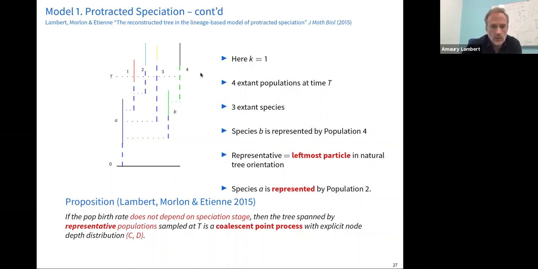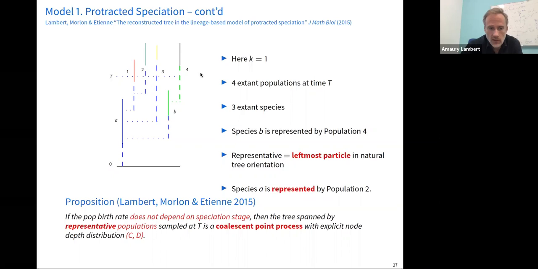They are a new species. So here K equals 1. And you see that at time capital T, there are 4 populations alive. Population 1 is in the good stage. It's a brand new species. Population 4 is in the incipient stage, but since it's the only representative of species B, species B is represented by this population, population 4.